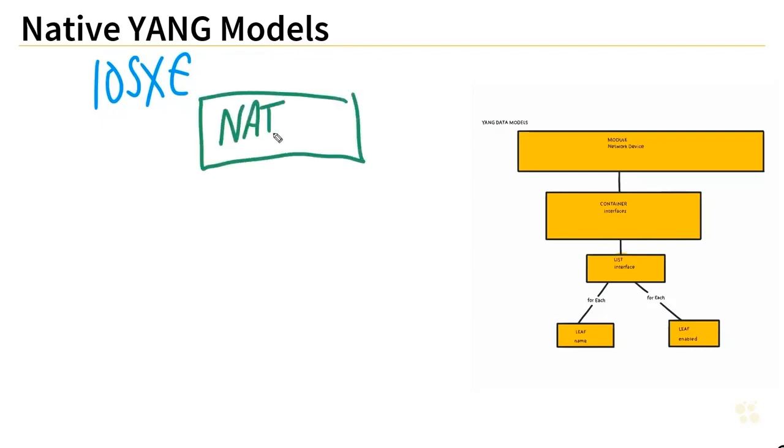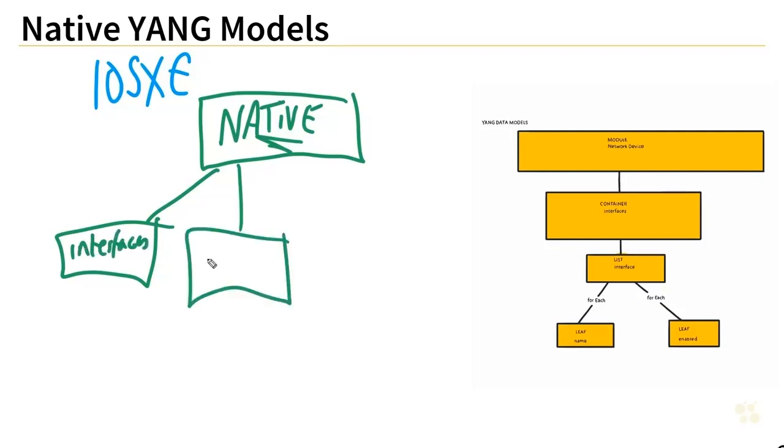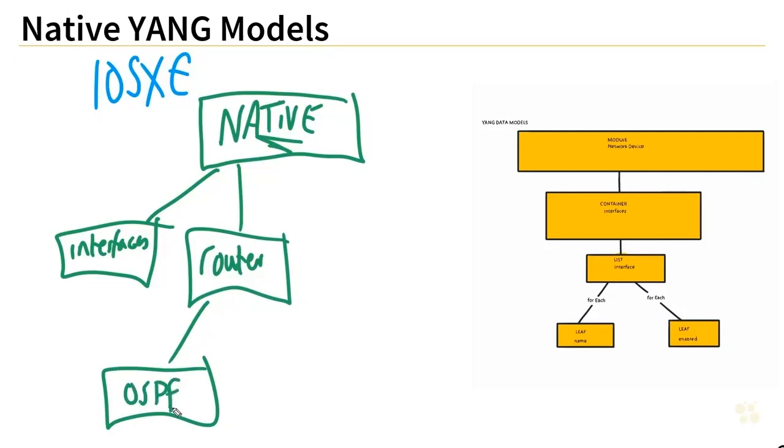So the architecture of the Cisco iOS XE is that we do have this concept of the root container. This would be native, and from that you're going to have multiple containers spidering off of this container, but this is the one that's going to unify everything. So maybe you might have a container which has interfaces, you might have a container which is router, and from router you would have OSPF, or now that's been changed to router OSPF, and maybe a container with NTP, and so on and so forth.